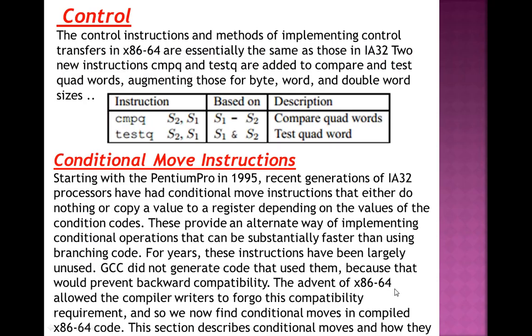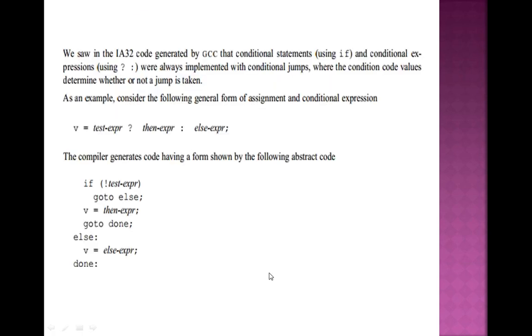The x86-64 version allows the compiler writer to forgo this compatibility requirement. This is your conditional move instruction. As we saw in IA32, GCC generated code for the conditional statement using if.